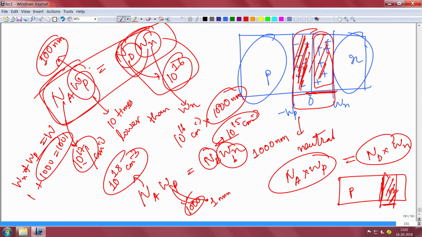What I am trying to say is that if doping on one side is extremely high compared to the doping on the other side, then the entire depletion region extends to the region where the doping is low. The depletion in the region where the doping is high can be neglected when the doping ratio is very high.